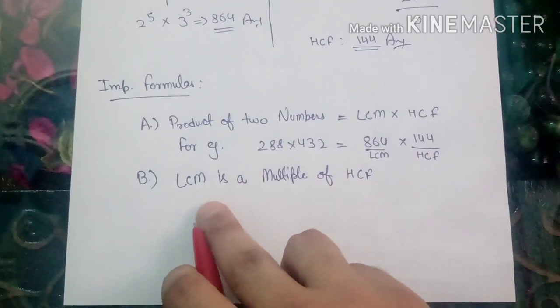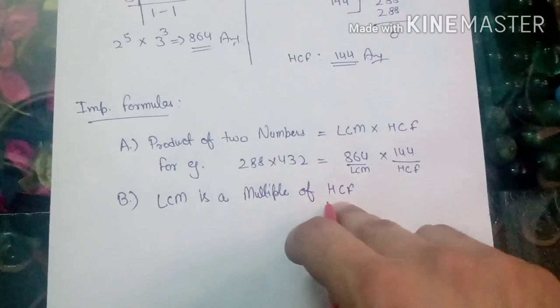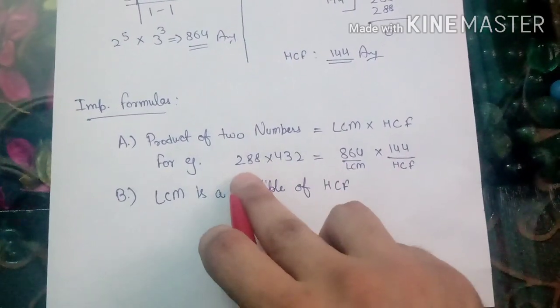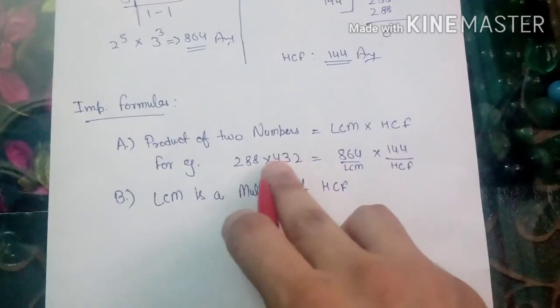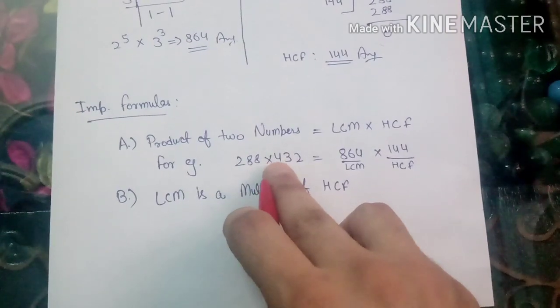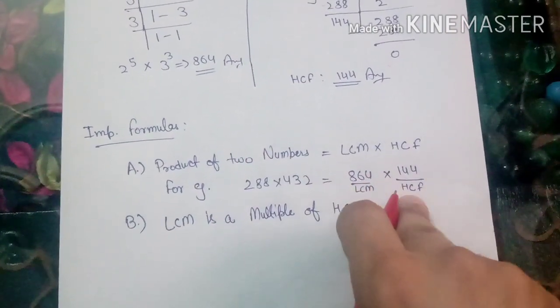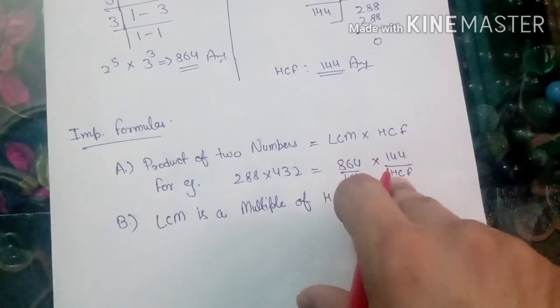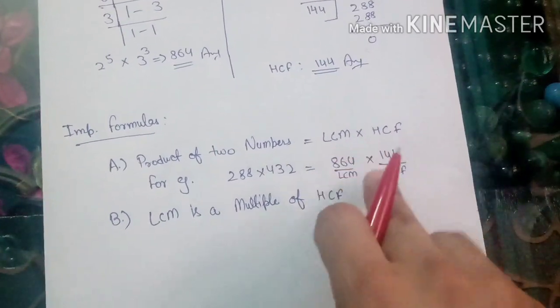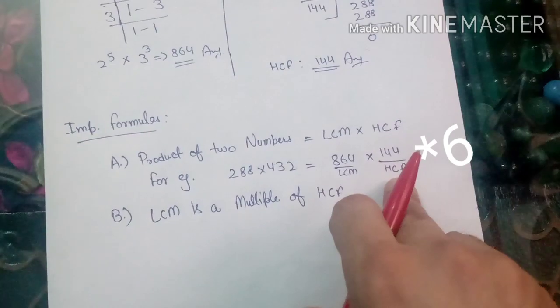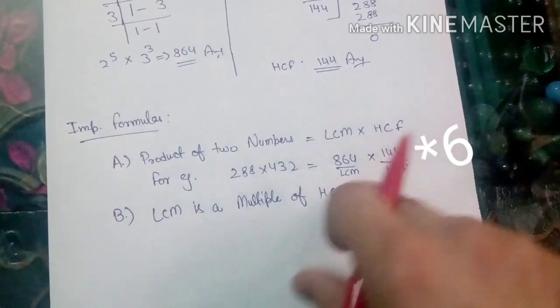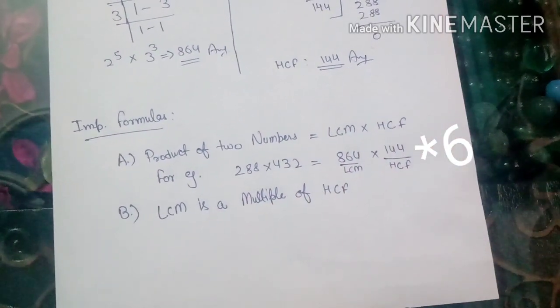And the other thing is, LCM is always a multiple of SCF. For example, here the LCM is 864 and the SCF is 144. So the LCM is a multiple of the SCF. You can multiply 144 by something, and you will get 864.